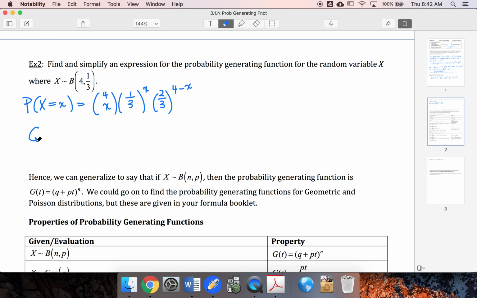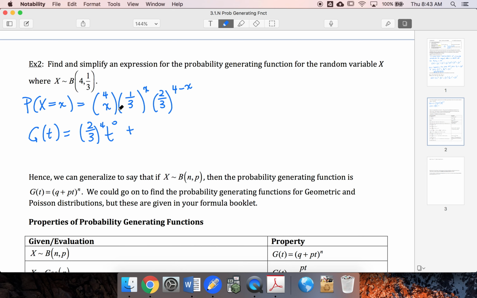So then if I think of my g of t, well, I'm going to start with 4 choose 0, which is just 1, 1/3 to the 0, 2/3 to the 4th. And then that'll be t to the 0, which is, of course, just 1.